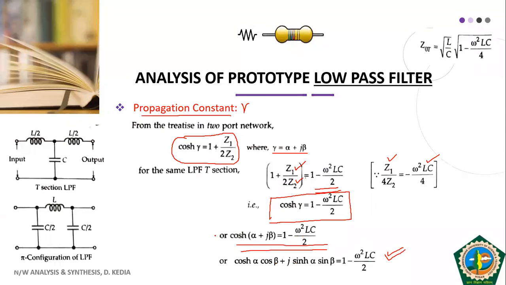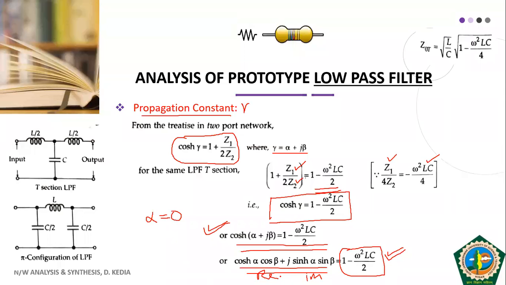Okay. Now this expression can be further derived depending on our conditions. We already know that for pass band, our alpha is what? 0. Fine. And another thing that you see here, that the right hand side is a real value, and on the left hand side we have a complex number. This is the real part and this is the imaginary part.